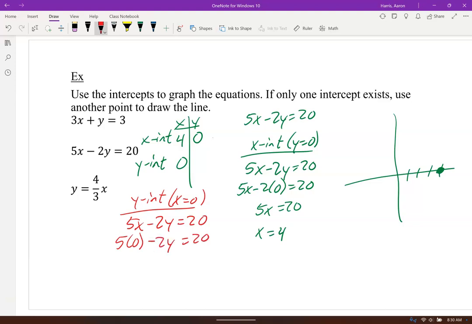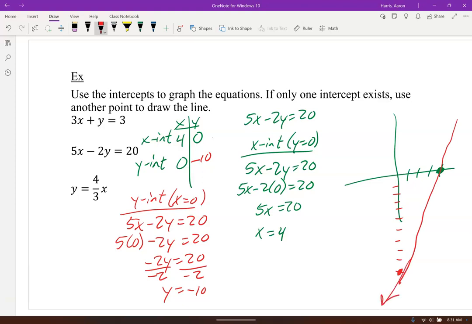So 0 minus 2y is negative 2y. Divide by negative 2, y ends up being negative 10. So 0, negative 10. So here, it's going to go through both those points. Whoops, I didn't draw that very straight. It's going to have a positive slope, and there are our 2 points for the x-intercept and the y-intercept.